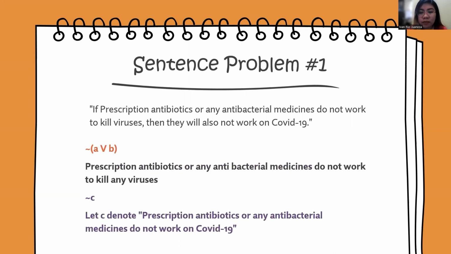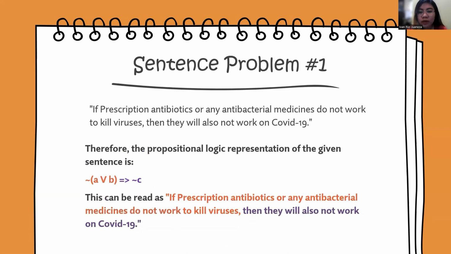The statement prescription antibiotics or any antibacterial medicines do not work on COVID-19 can be represented as a negation of the disjunction of A and B. So let's represent this statement using another propositional variable. Let C denote prescription antibiotics or any antibacterial medicines do not work on COVID-19.